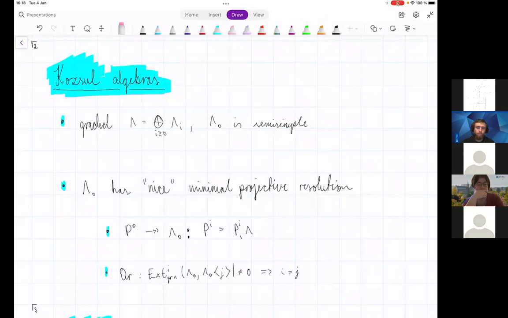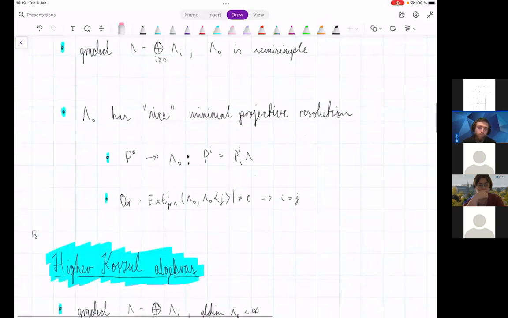Here we're computing Ext over the category of graded lambda modules, and the requirement is that the graded self extensions of lambda 0 are non-zero only in bi-degree (i, i), or diagonal bi-degree. So if you have cohomology in degree i, then the internal degree has to be equal to i as well.